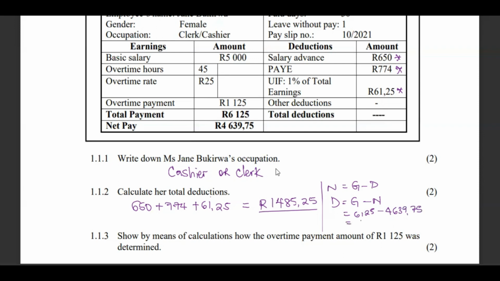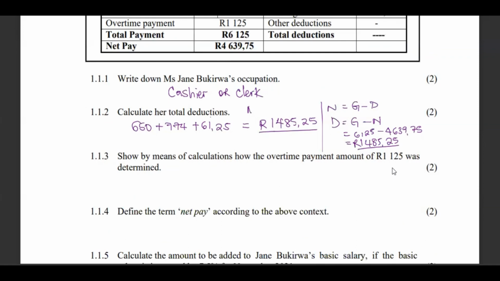This gives an answer of 1,485 rands 25 cents. That's another method. We have method 1 and method 2. Choose which one you want to use.